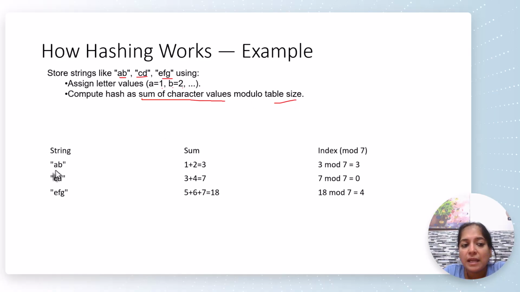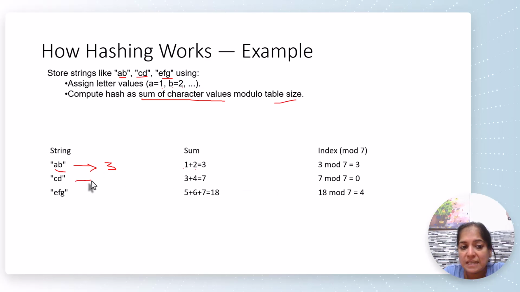So AB: A equals 1, B equals 2. So 1 plus 2 equals 3, and 3 modulo 7 is 3. So the value AB will be mapped at index 3. CD: C equals 3, D equals 4. So 3 plus 4 equals 7, and 7 mod 7 equals 0.